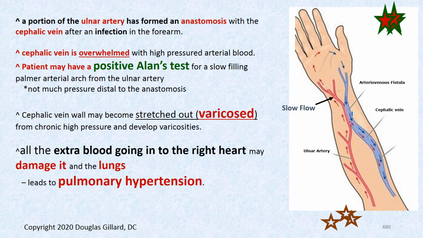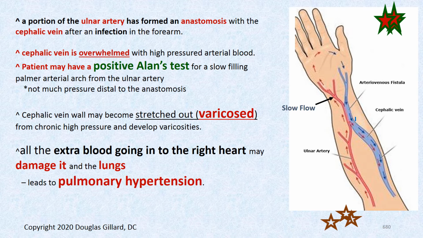Here's just a cartoon of some familiar vessels. We know the ulnar artery and the cephalic vein, and these have come in fairly close contact in the way this is set up. I'm not so sure; probably the interosseous would be closer contact, but just to make the point, here's an anastomosis that has occurred here.